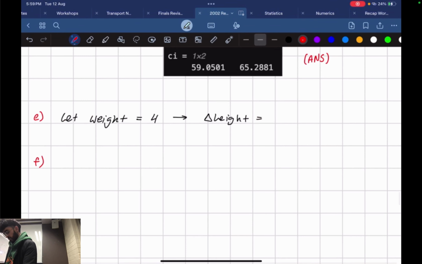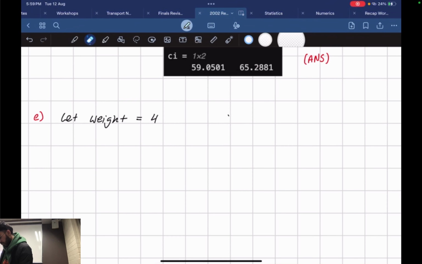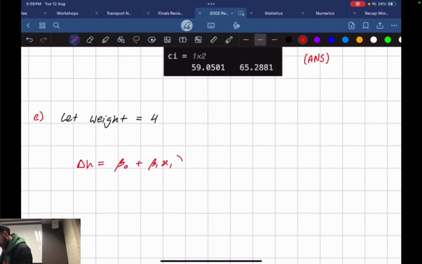No. When you do a change in height... Oh, okay. You know what, I'll actually explain this one. Sorry. If you think about it, a change in height is going to be beta 0 plus beta 1 x1 minus beta 0 plus beta 1 x2.